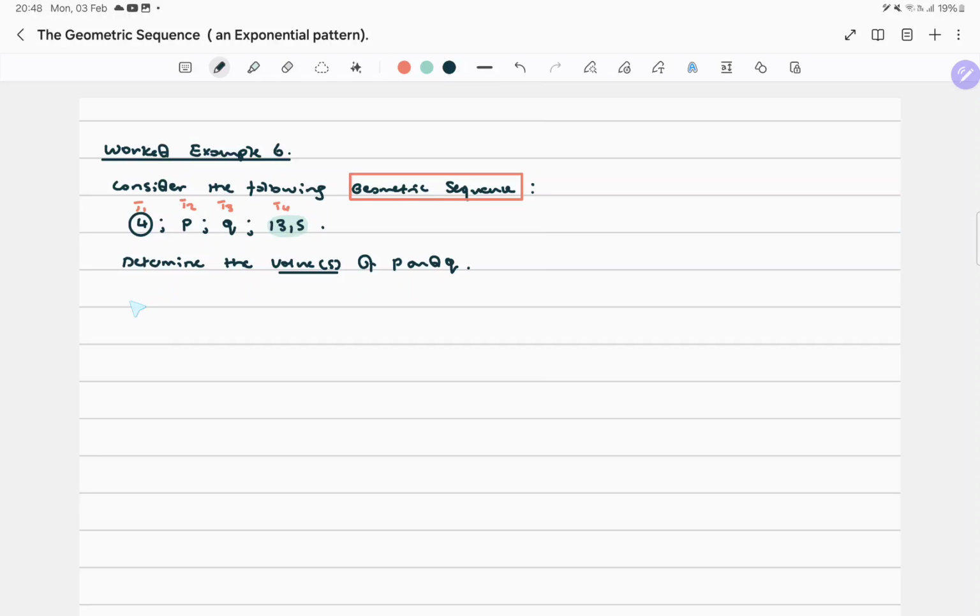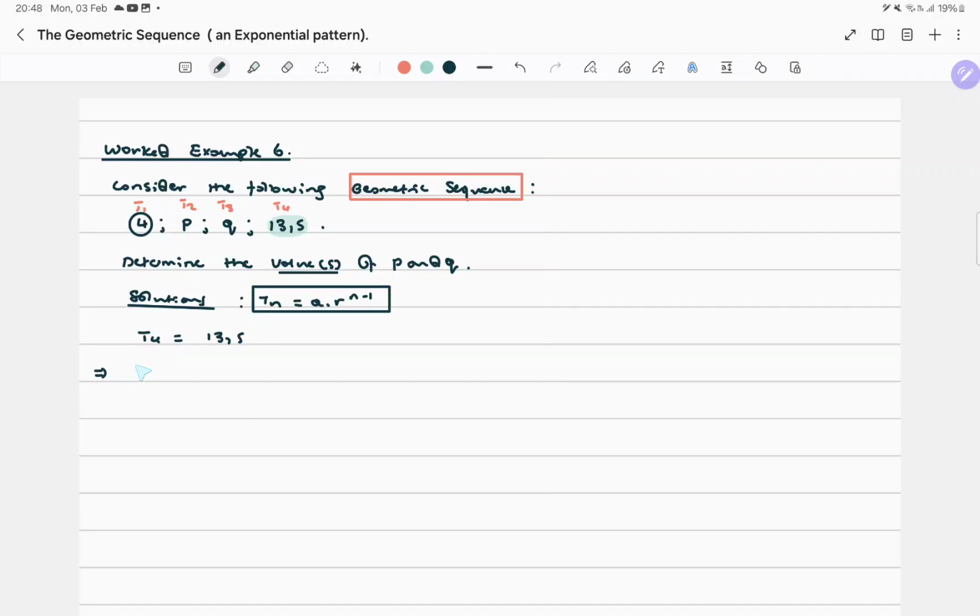So what do we know, guys? Let's just write solutions. We understand that technically Tn is a times r to the n minus 1. That's our working frame right there, and we're going to use it. Now we know term 4, so we know that term 4 is equal to 13,5.